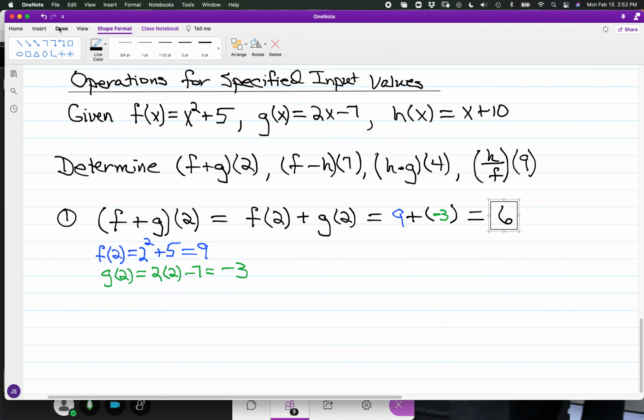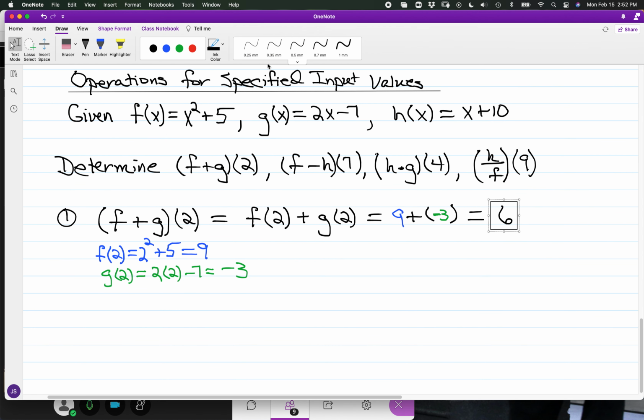Now for the next scenario. For f minus h of 7, in expanded notation, this would be f of 7 minus h of 7.